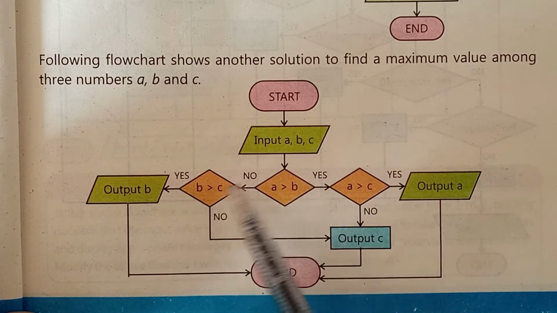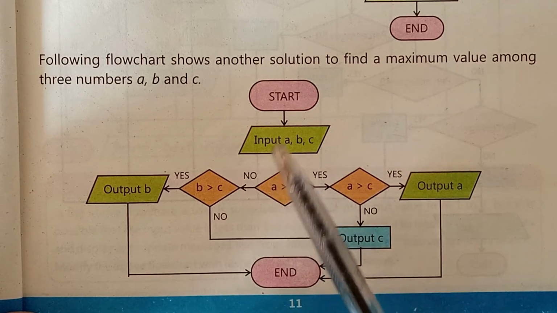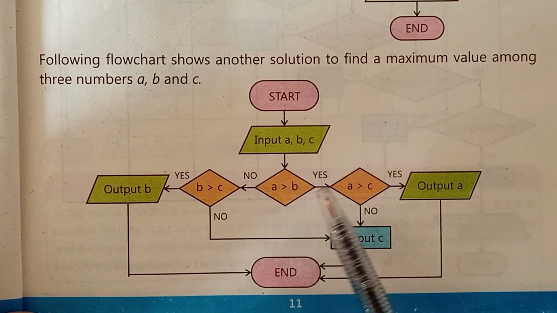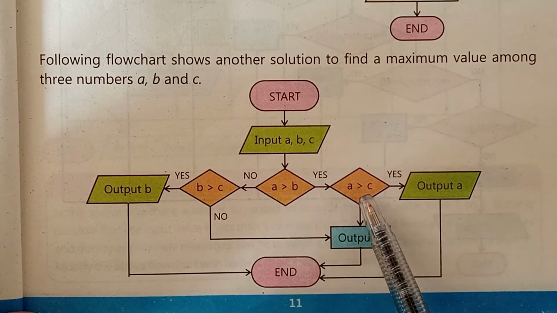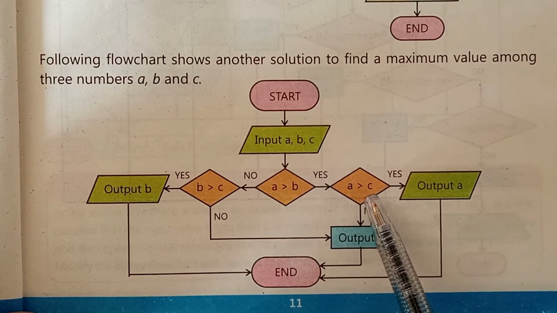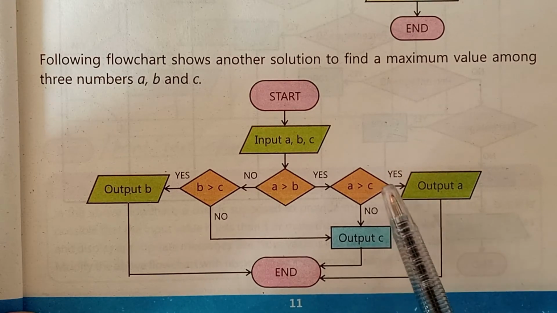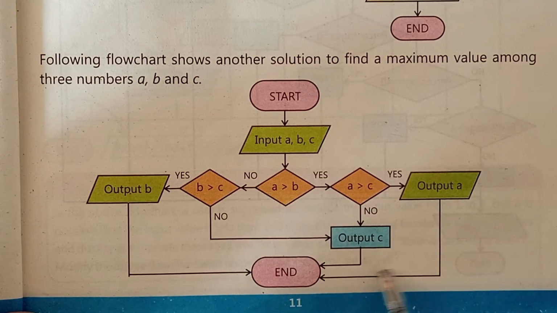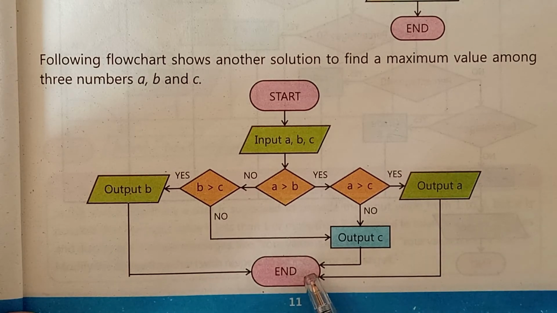Then we have decision symbols, of which the first one is: is a greater than b? If yes, then it goes to the next step: is a greater than c? If this condition is fulfilled, then it will give the output a, and then the flowchart will be ended.